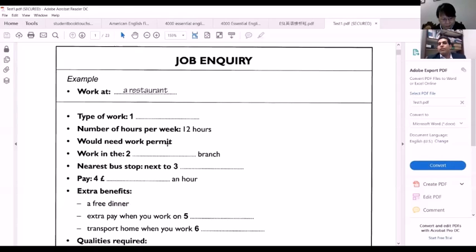This is the branch name, you see? Yeah. Question number 3, it's about the nearest bus stop. It is next to? We need to get the answer. And how much you have to pay? £4, for blah, blah, blah. So now Ellen is going to listen and answer questions 1 to 4 as a sample. We just want to tell you how it works, okay?